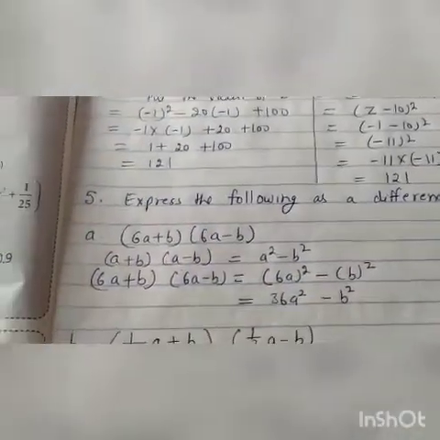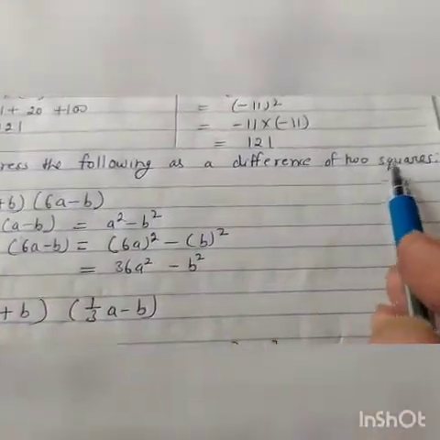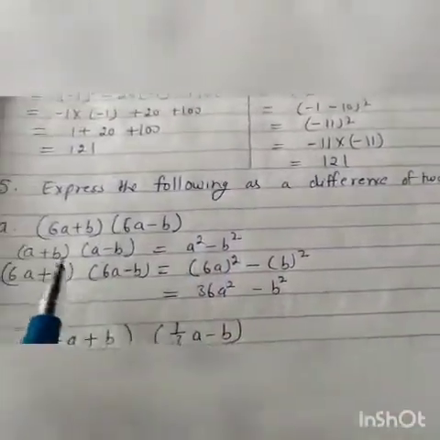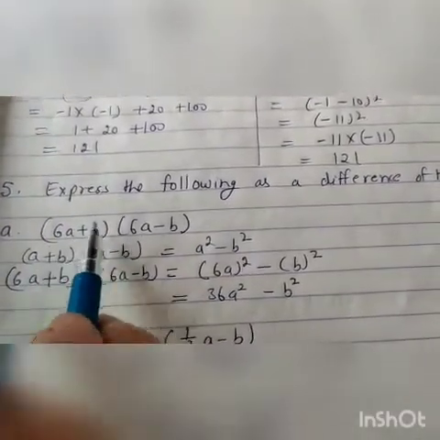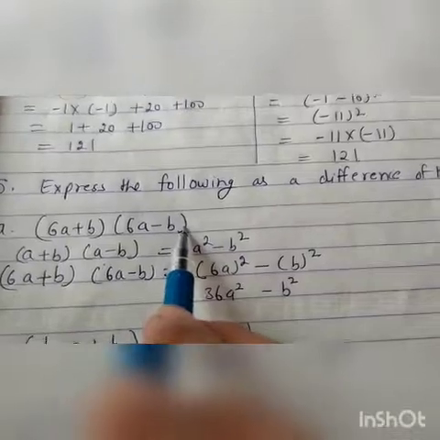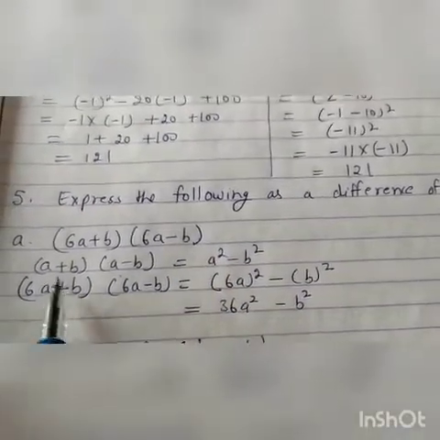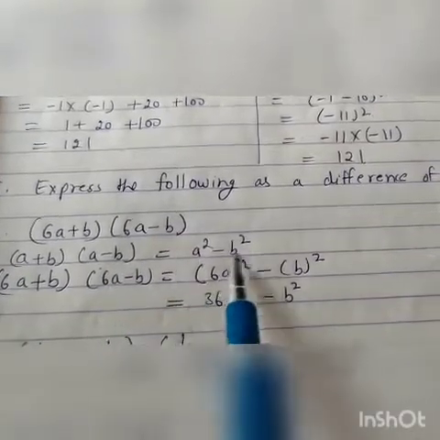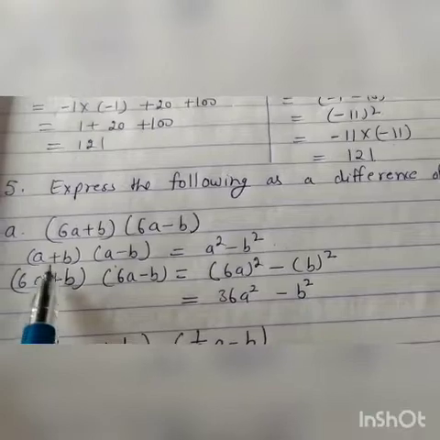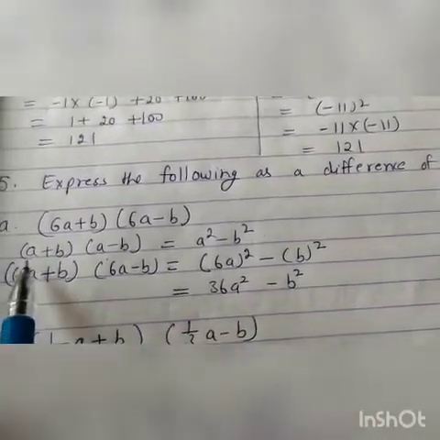Now come to question number 5. Express the following as the difference of 2 squares. Question A part. 6a plus b multiply by 6a minus b. We will use here the third identity, that is a plus b multiply by a minus b is equal to a square minus b square. So 6a plus b, 6a minus b, what is the value of a?